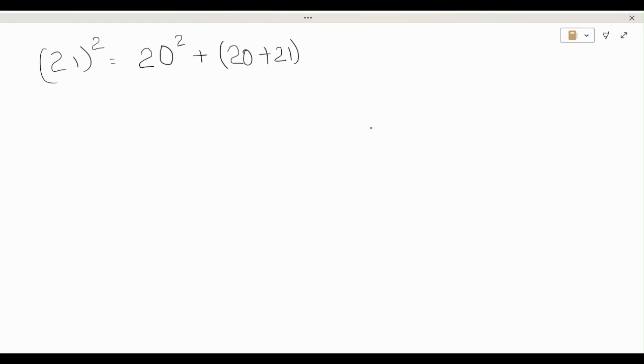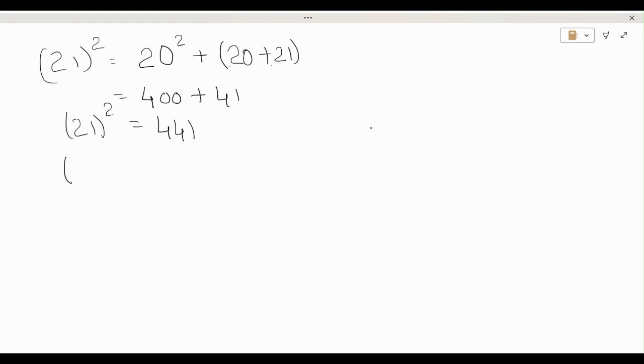Now remember, it is not 20 into 21, it is 20 plus 21. Let's see whether this works. 20 square is 400, plus 20 plus 21 is 41. So the net answer is 441. 21 square is 441. If you check it in the calculator, you'll see that it is correct.